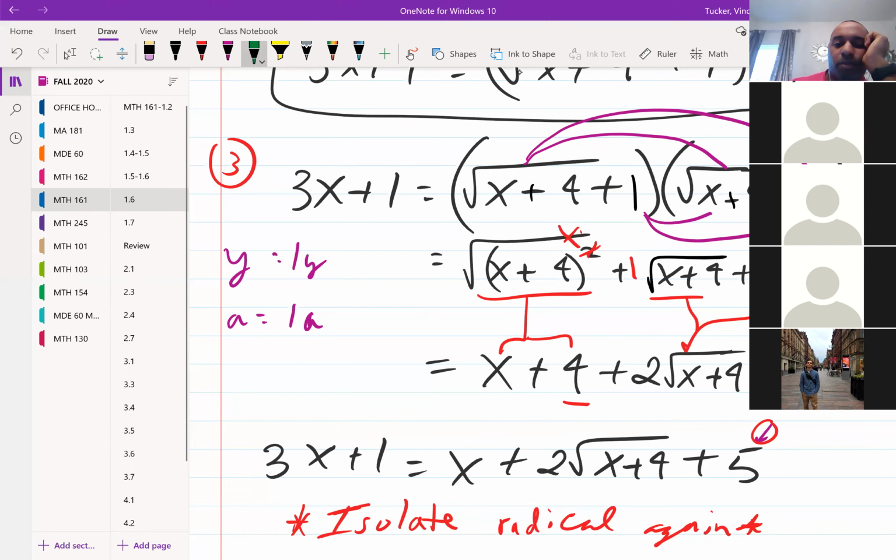All right, any questions before we go any further? Questions on the simplification? This process right here.